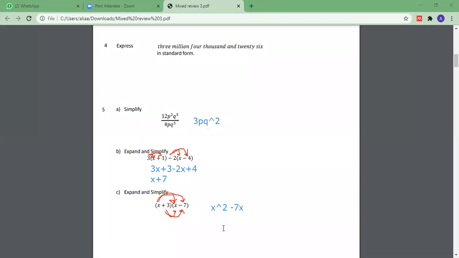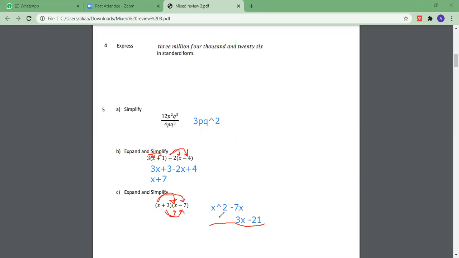Okay, so 3 by x will be 3x, and 3 by -7 will be -21. And then I will add them.